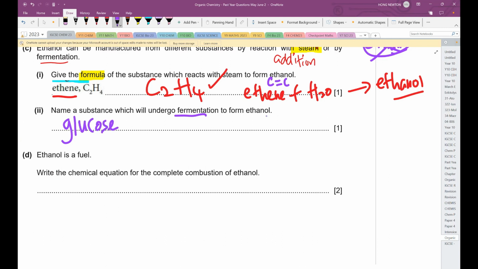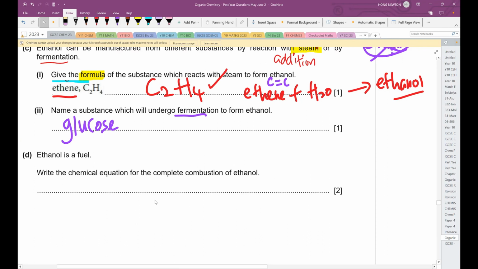Yeast is the plant cell that will ferment the glucose. Glucose is the substrate, the food substrate used by the yeast during the process of fermentation. So the answer will be glucose.